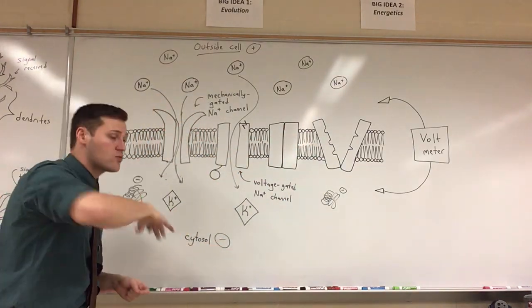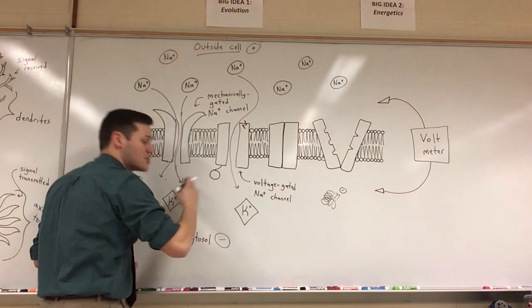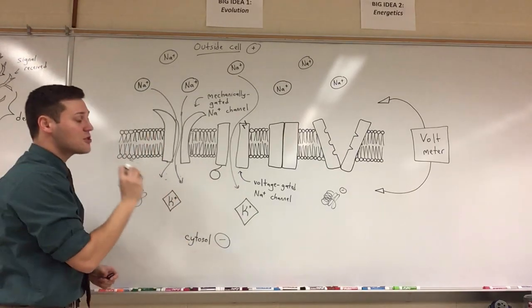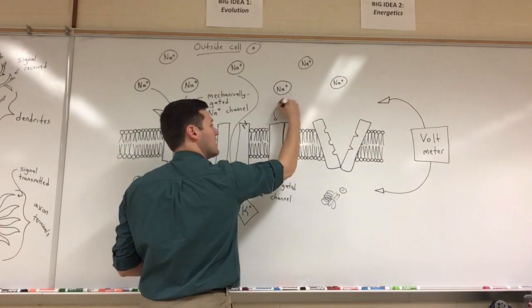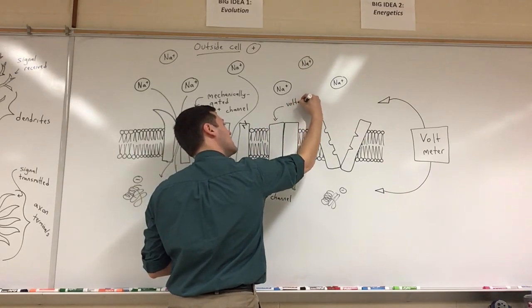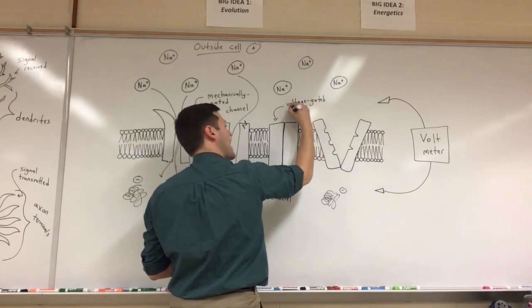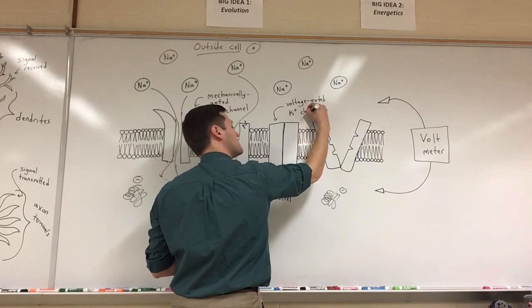Now, it's going to rise. So the charge inside of here is going to rise to a certain positive level. Now, at a certain positive level, this right here, which is a voltage-gated potassium, K+, channel.